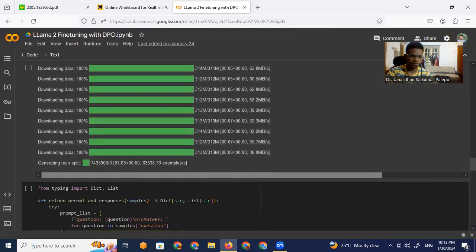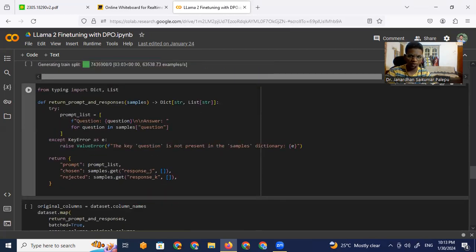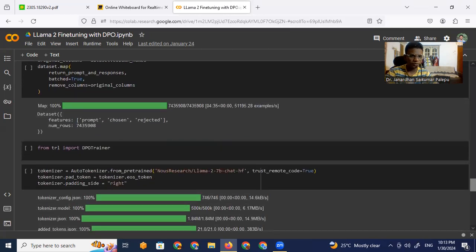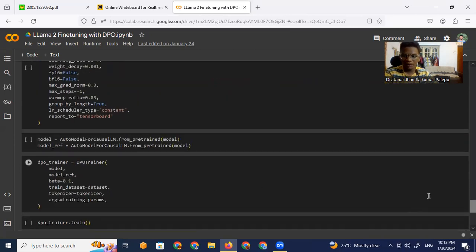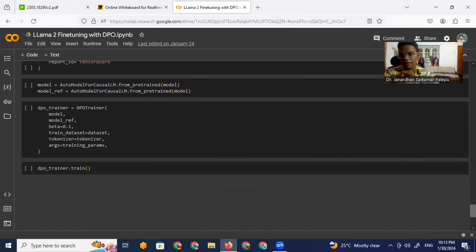you could use it. So I'll just show you how to use it. From TRL, I think from Hugging Face, you could import DPO trainer. It is already pre-built for us, so we don't have to take care of all the details. And then we could call the DPO trainer.